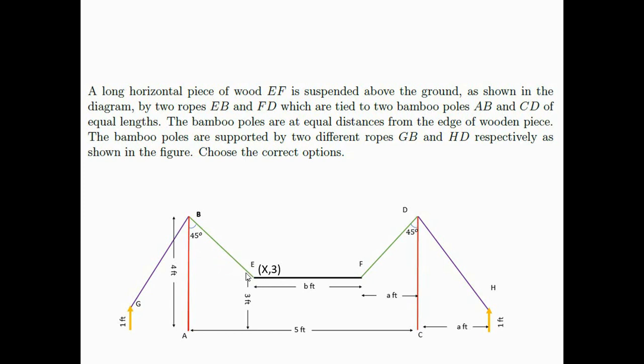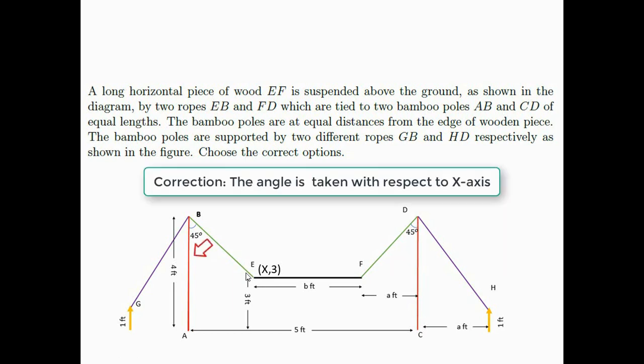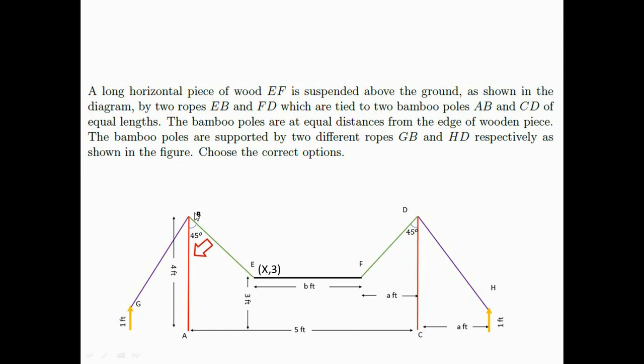Therefore, as the angle is given to be 45 degree, we can take the slope of the line to be minus tan 45, that is equal to minus 1. This is because we are calculating the angle clockwise from EB towards AB. If we take the angle anti-clockwise, then we can take tan of 360 degree minus 45 degree equals to minus 1.